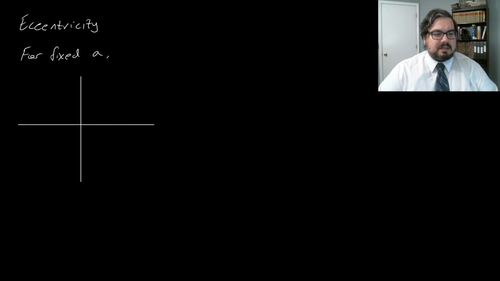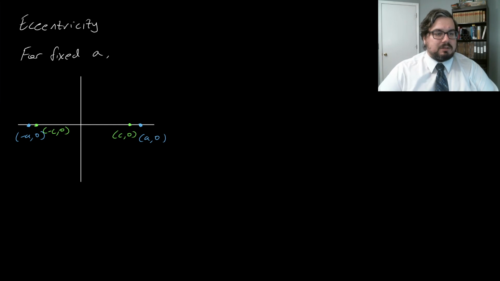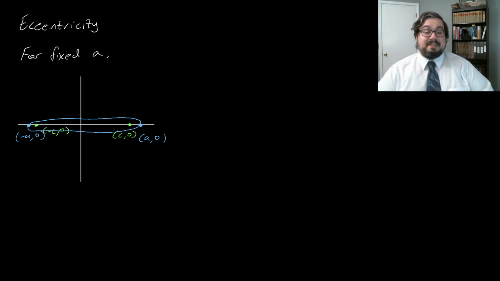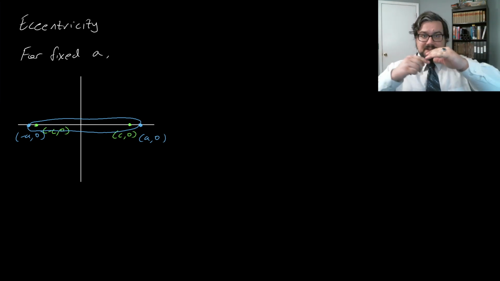So for instance, if we put our points here at A,0 and negative A,0, and then we put our foci very, very close to that point. So if C and A are very close together, then what's going to happen is that the ellipse is going to be very, very thin. Like this. It's going to be stretched out, and the semi-minor axis is going to be much, much smaller than the semi-major axis here.